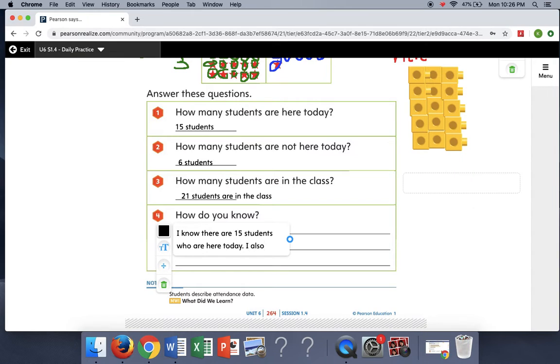I also know that 6 students are not here today. When I add 15 plus 6, that gives me 21 students all together.